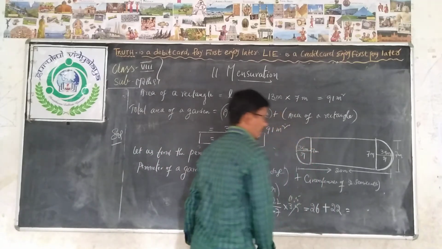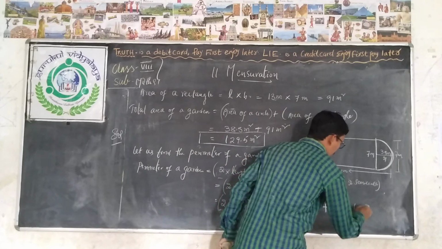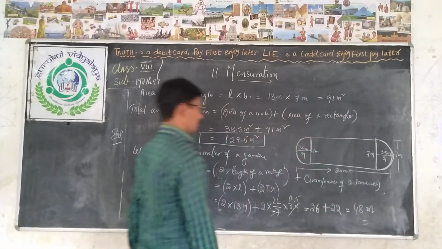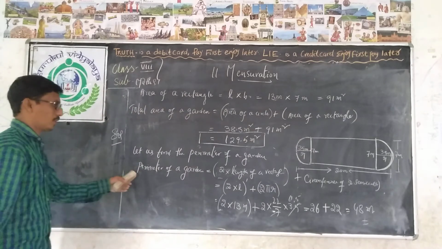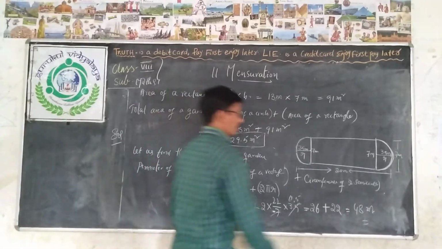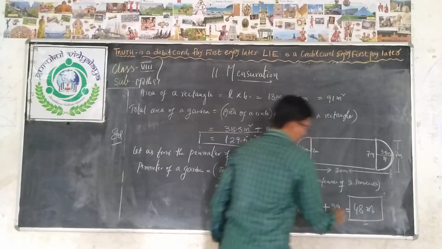So that is 26 plus 22, 48 meters. So the total perimeter of the garden is 48 meters. This is the answer for this problem.